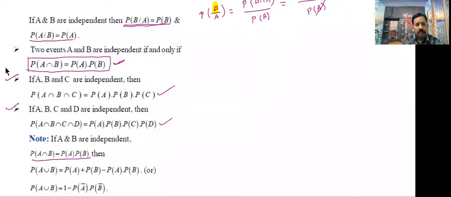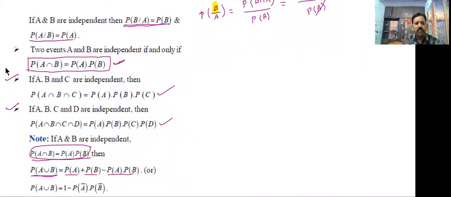Then P of A union B. Actually, the P of A union B formula is P of A plus P of B minus P of A intersection B. In place of P of A intersection B, what can we write?